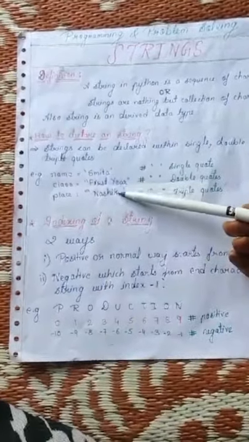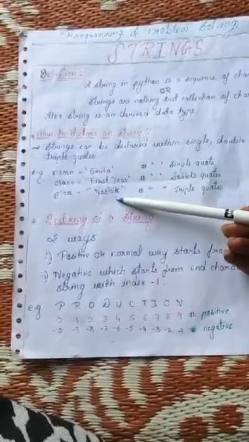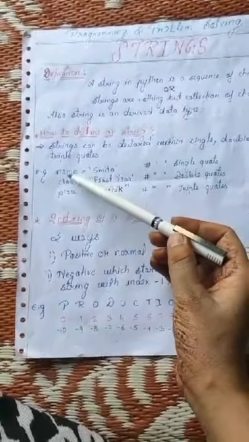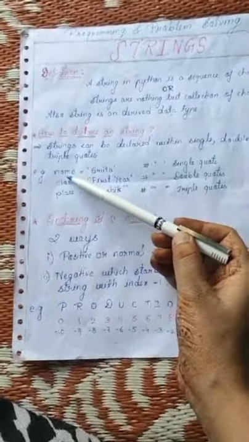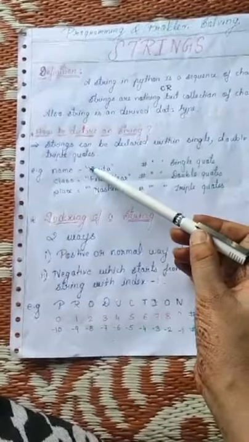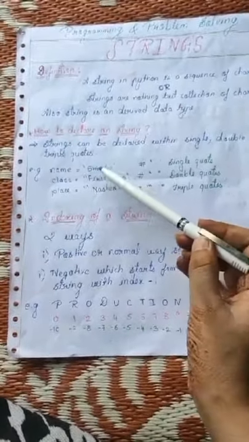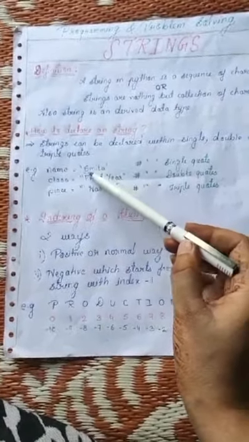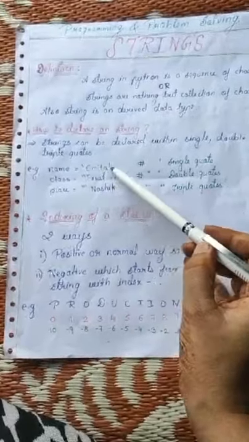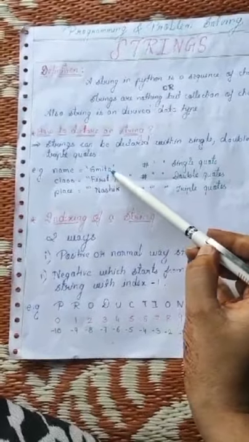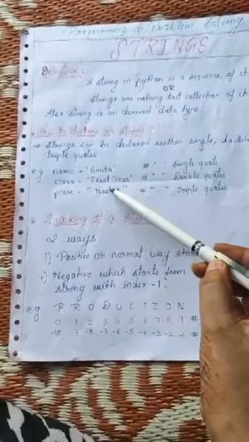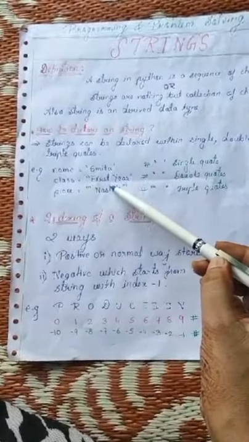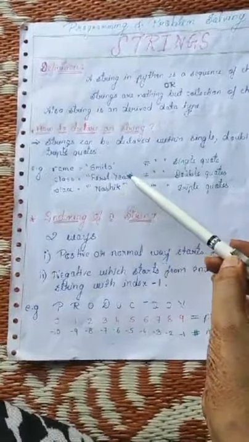Here are the three examples of how we can declare a string. So here I have a variable name. Name is equal to, within single quotes I can declare a string, that is, all the characters will be together. That is nothing but a string. The next option is that we can declare a string by using double quotes.